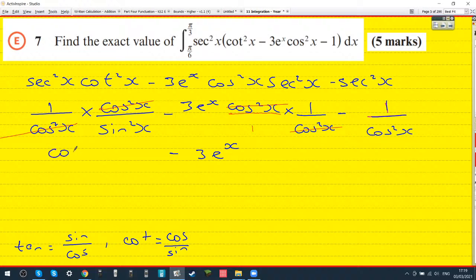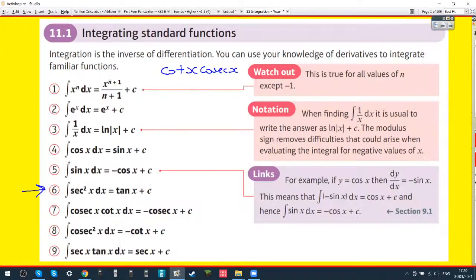Cosec squared x. So that's cosec squared x. That's minus 3e to the x. And this one was still minus sec squared x. Formulas, we have cosec squared and we have sec squared. Are they there?